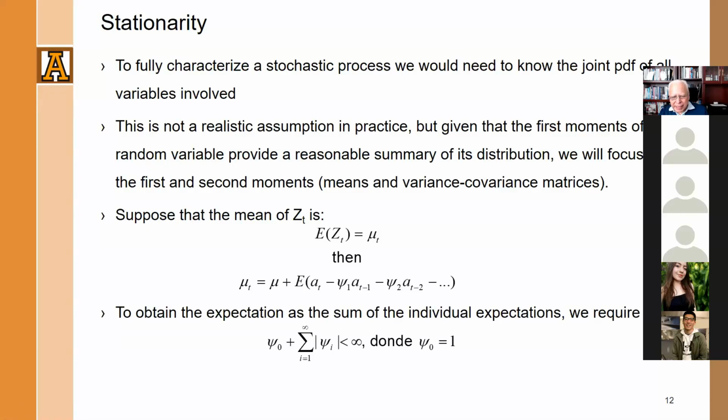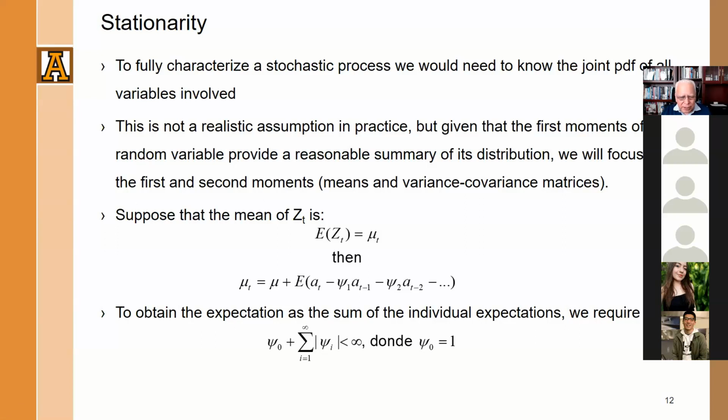To calculate this expectation as the sum of the individual expectations, we require that this sum, the sum of the absolute values of the psi weights, converges.